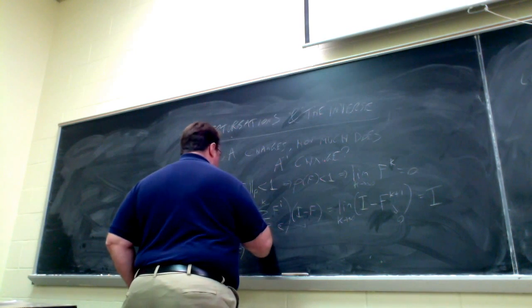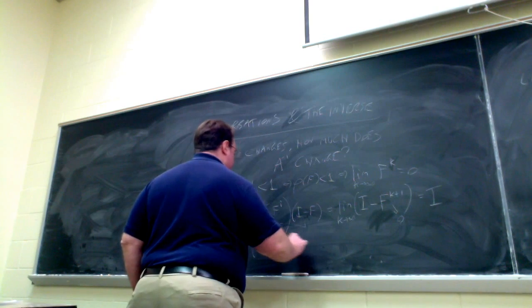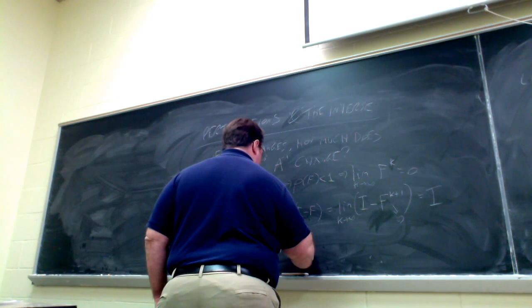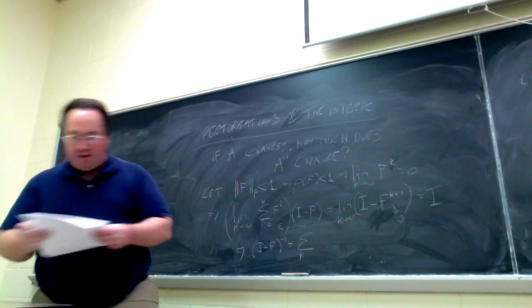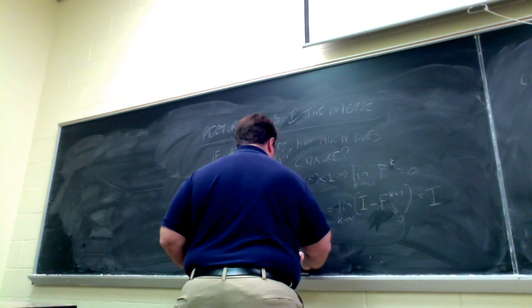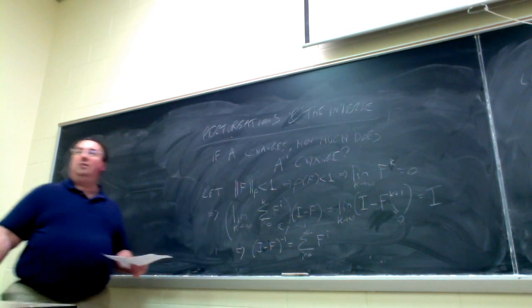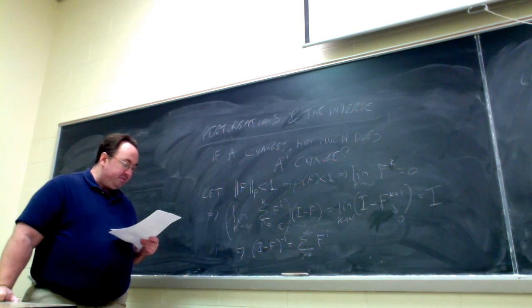So I can say that (identity minus F) inverse is equal to, now we know it's convergent, the sum from i equals 0 to infinity of F to the i. So now we have an expression for the inverse of this that we can use.